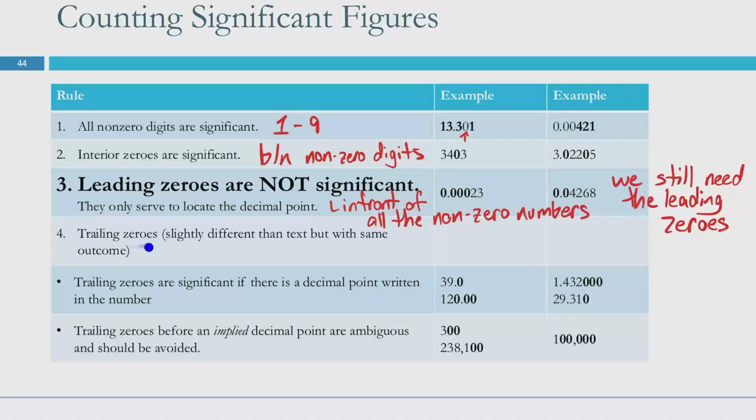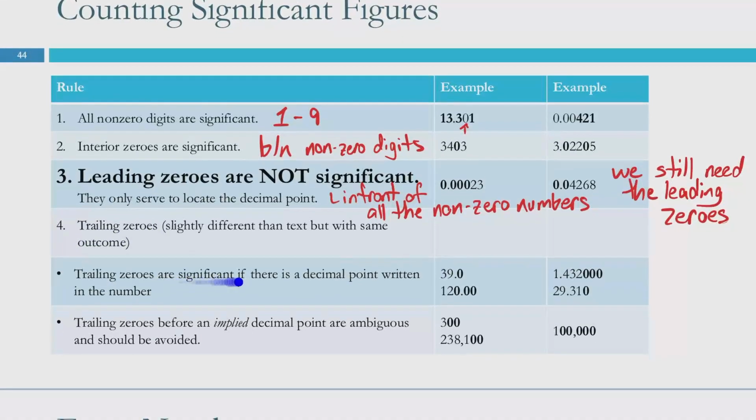And then we've got 2 cases for trailing zeros. So trailing zeros are significant if there is a decimal point written in the number. So for example, 39.0, we wrote the zero after it because we knew that we estimated that it was right at the 39 measurement mark. It wasn't 0.1 over, and it wasn't a little bit below either. So this is an important estimating number.